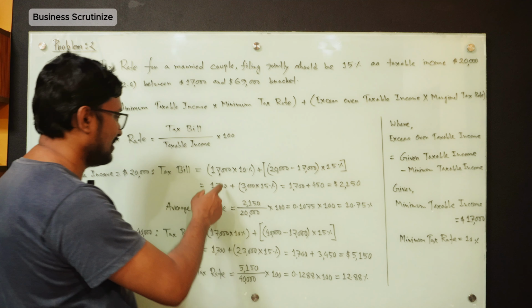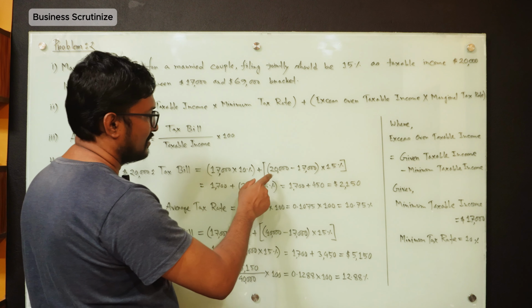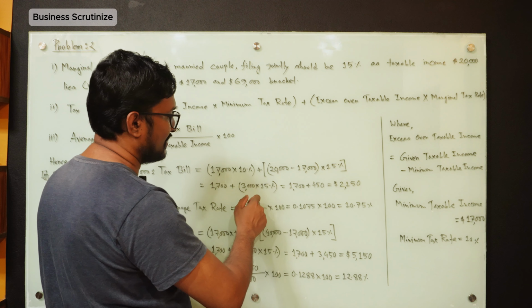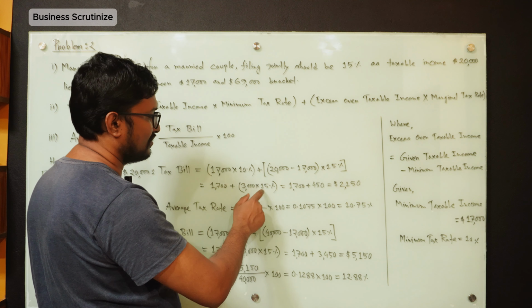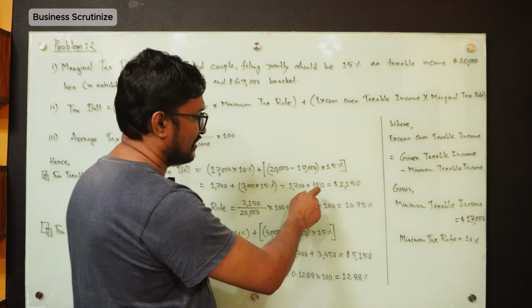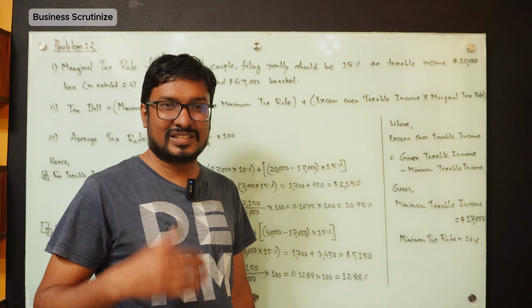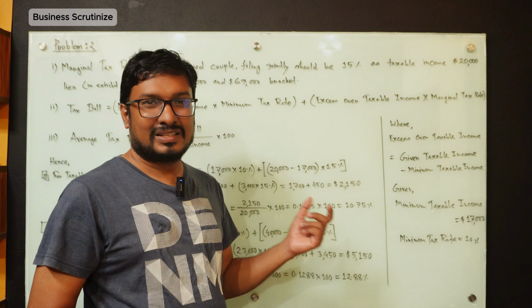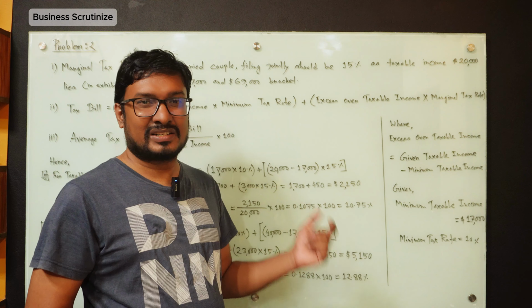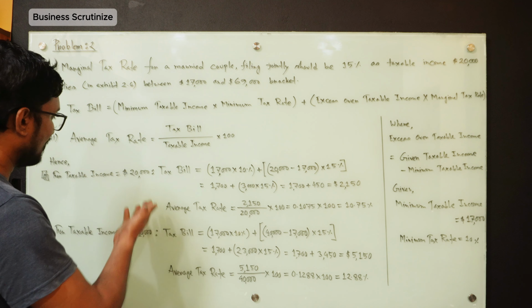If we compute, we have 1,700 plus 3,000, which is 20,000 minus 17,000, times 15%. That means 1,700 plus 450, so finally it is 2,150. This amount is the total tax bill for the taxable income of 20,000.